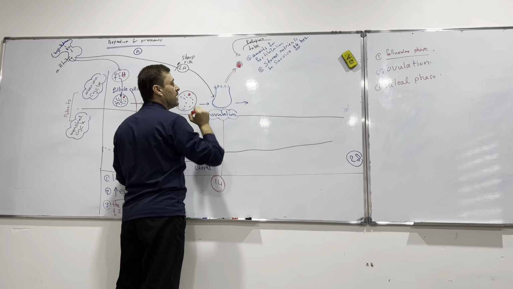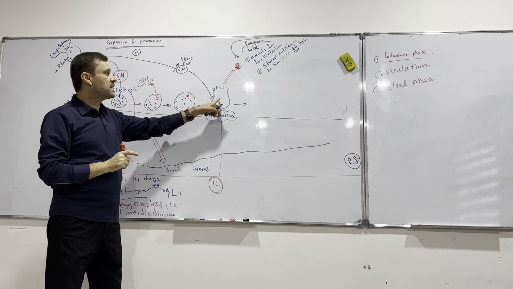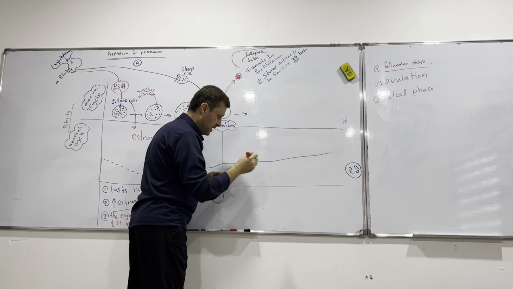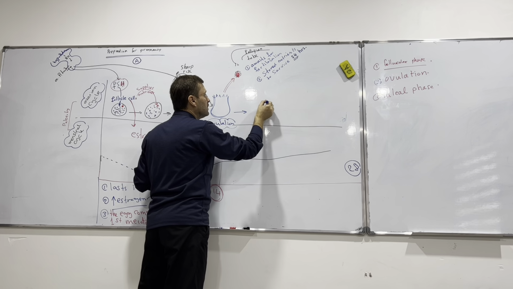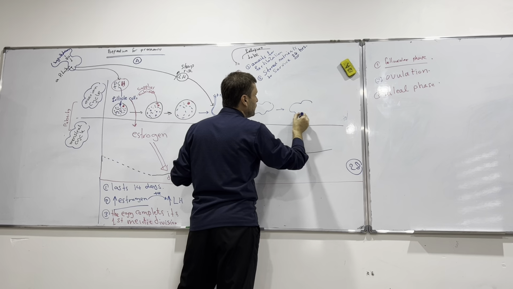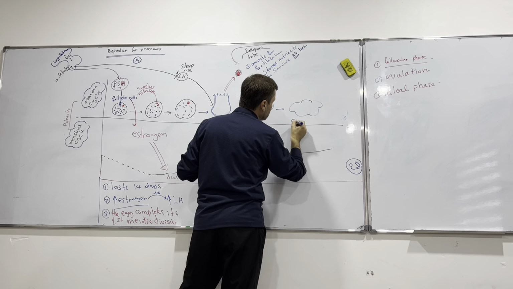The follicle cells which remain within the ovary divide and form a structure called what?